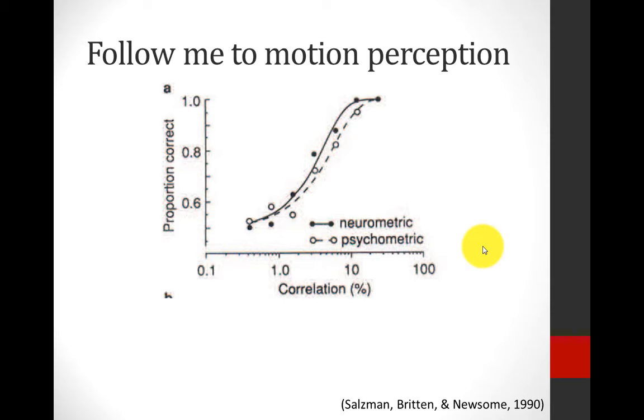They actually found that they could shift the response to match the artificial activation. So they found a significant separation between neurometric and psychometric functions.